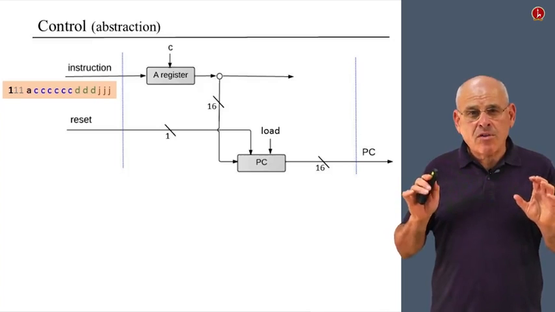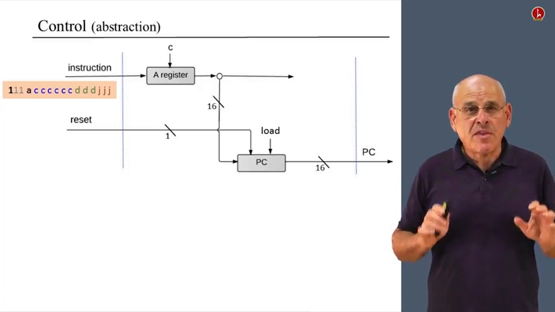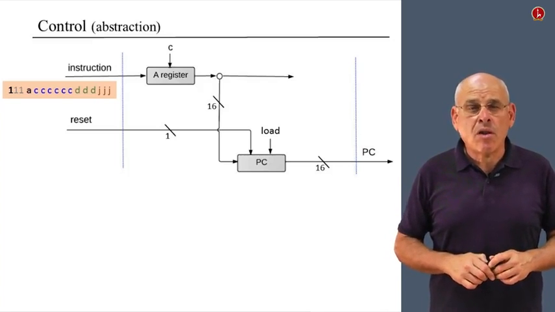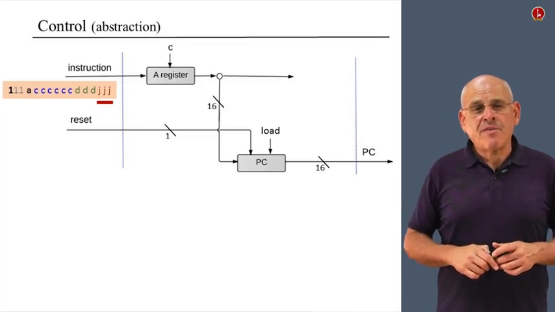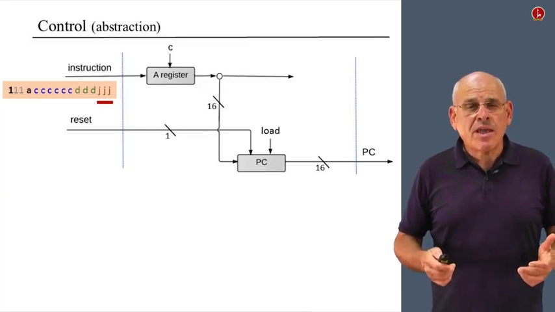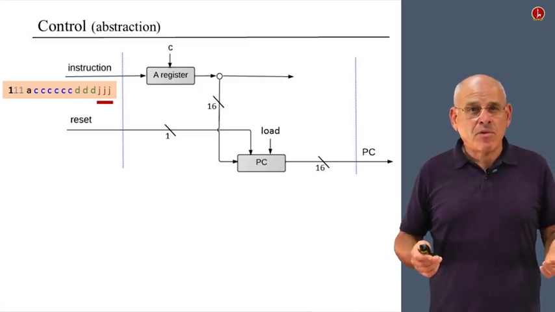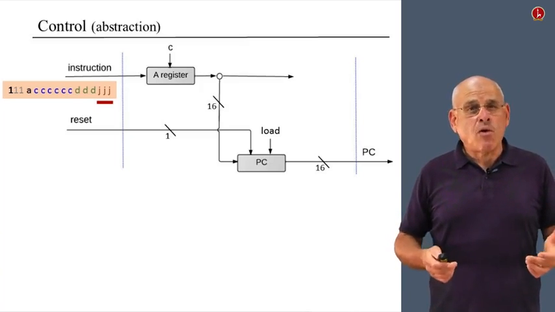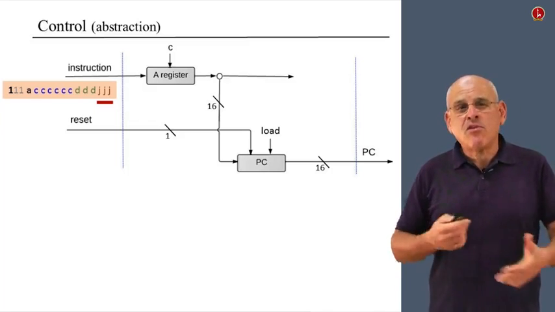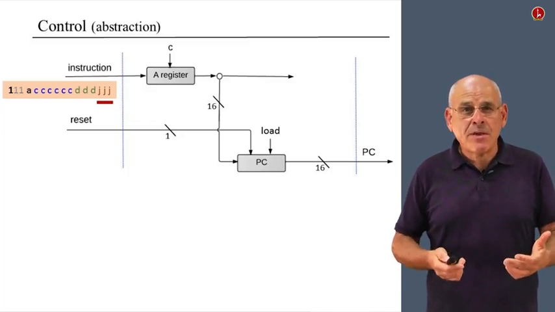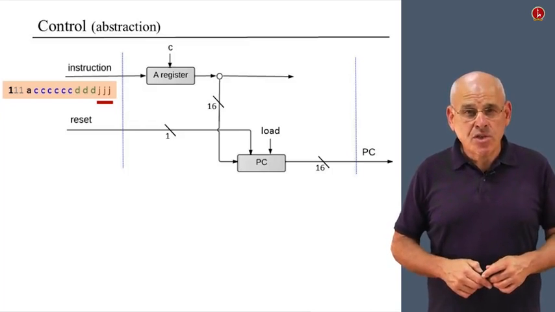And when we talk about control, I want you to focus on these 3 bits, which we call the jump bits. If you recall, if the 3 jump bits are 0, it represents a no jump situation. If the 3 jump bits are 1, it represents unconditional goto. And any other combinations of zeros and ones in the jump bits represents a conditional goto.